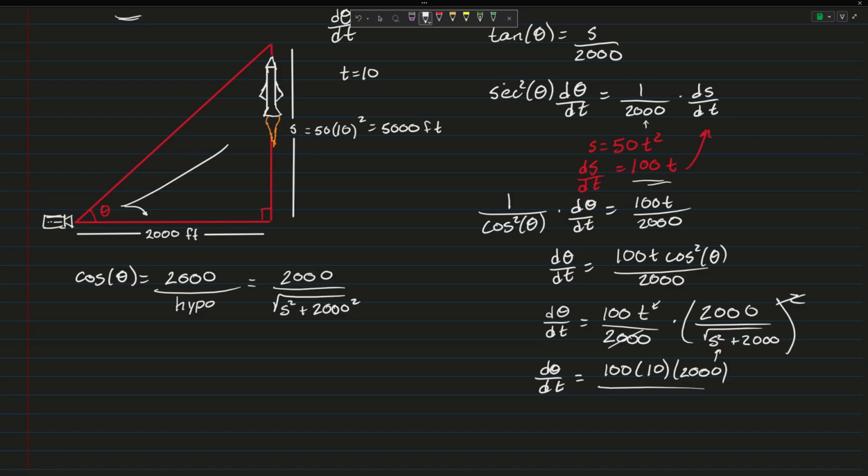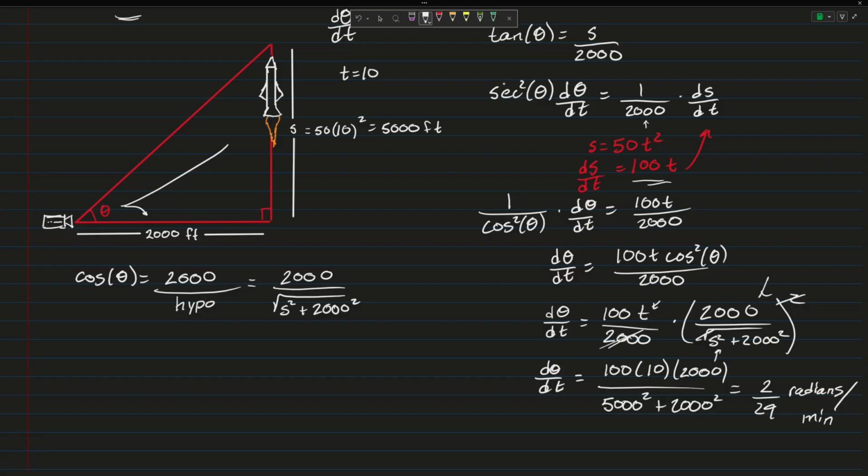So yeah, 5,000 squared plus 2,000. That should also be squared. Okay, that square is going to cancel out the square root. And then one of these 2,000s is going to cancel one of the 2,000s on top. Okay, and when we simplify that, we should get 2 over 29. And this will be in radians per minute.